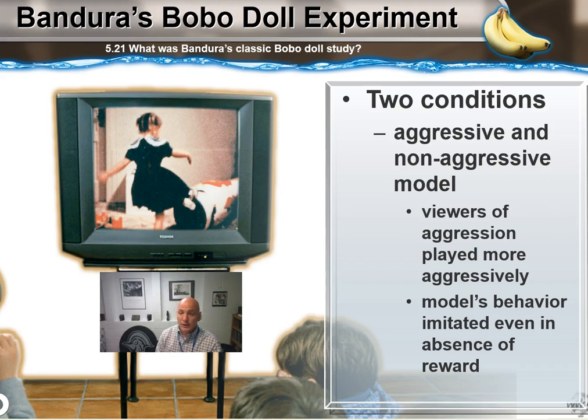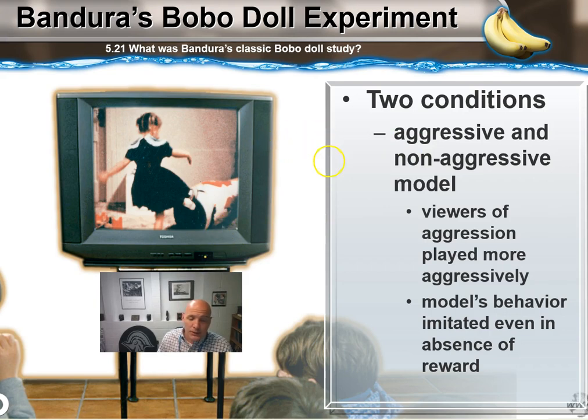The Bobo doll experiment was one in which children were in a room with a model, and this person was either aggressive or non-aggressive. The independent variable group, or the experimental group, were kids, boys and girls, who watched an aggressive model. The control group were kids who watched a model who did not act aggressively. And the kids, both male and female, who viewed the aggressive model played more aggressively.